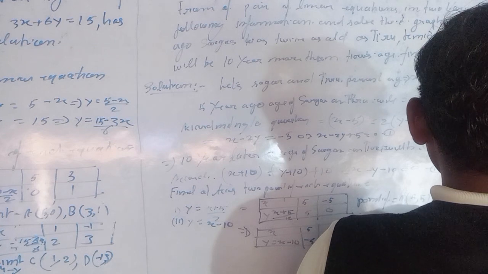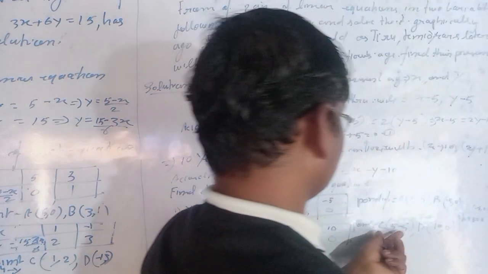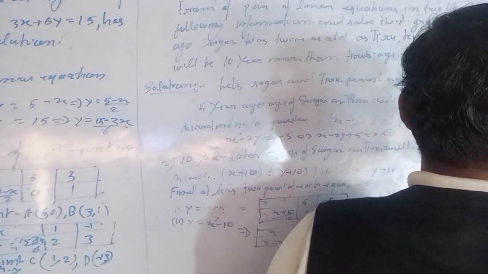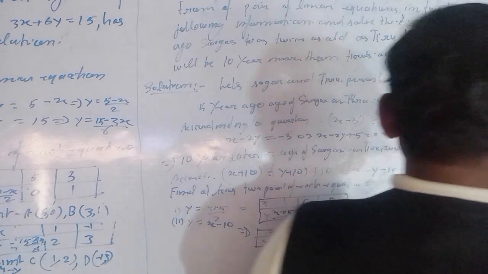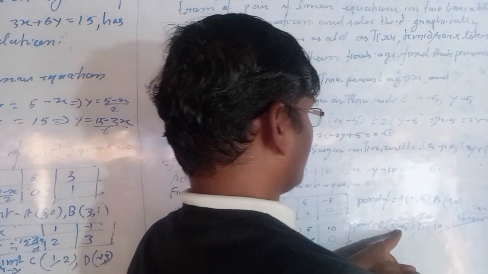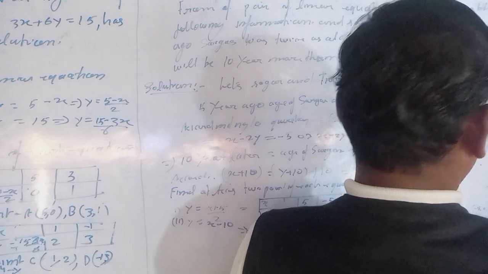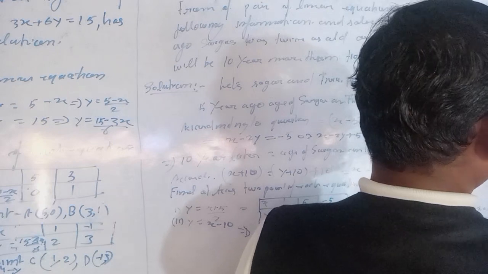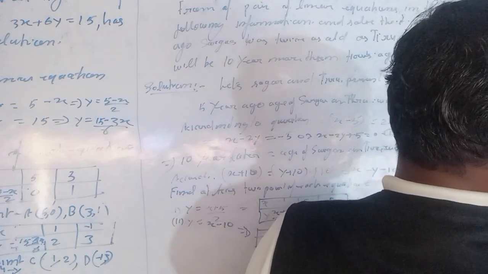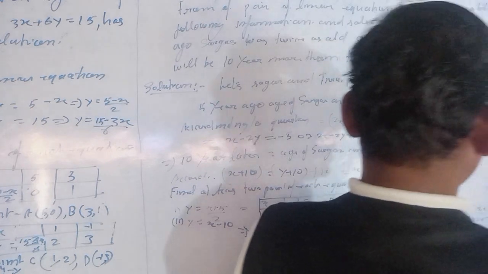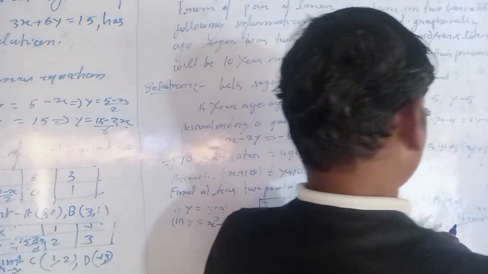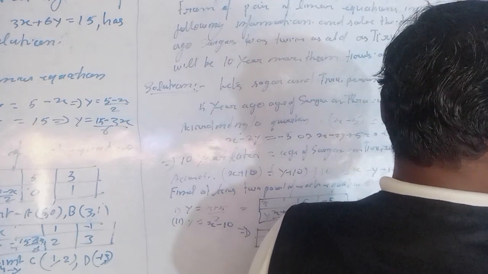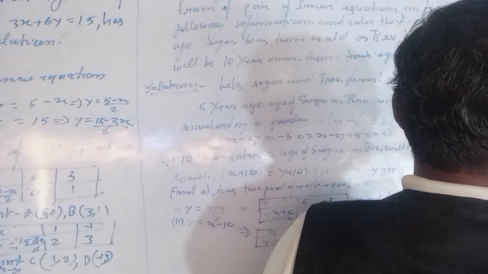C value is 5 and minus 5, so x is 5 and y is minus 5, it goes here, and this becomes the C value. And D value is 10 and 0. X is 10 and y is 0.